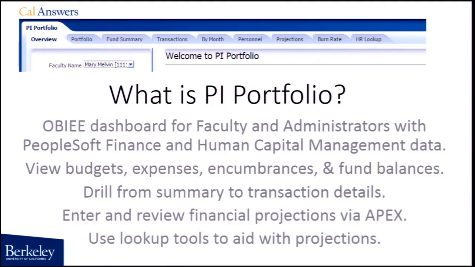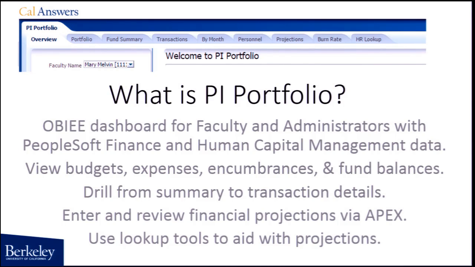So iPortfolio started with budgets and expenses and encumbrances and gave a balance. But what you don't see in that balance is for a project that may span 2, 5, 10 years, when you've got salary and benefits that are going to take up 80% of that funding, how do you know what is really left? And that was the key question that they always ask.